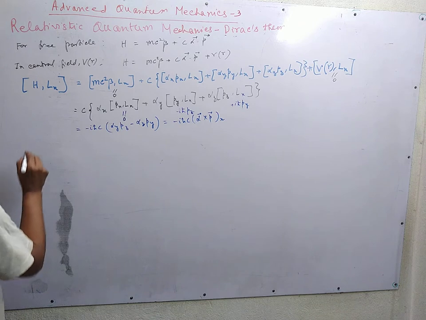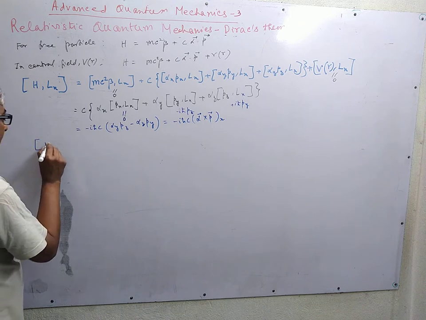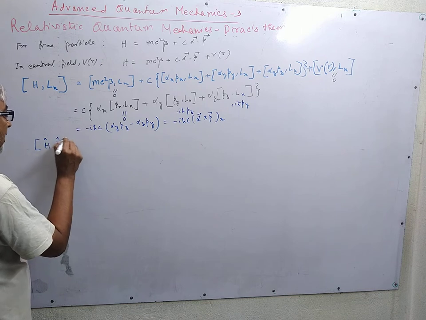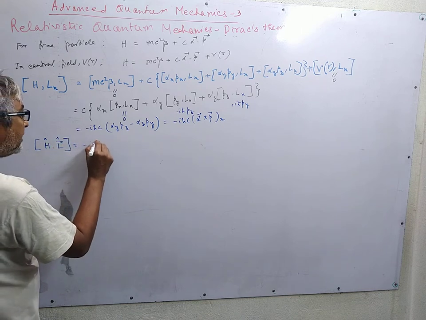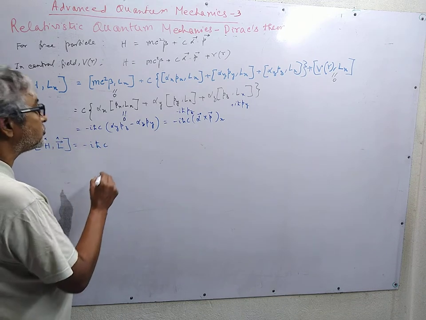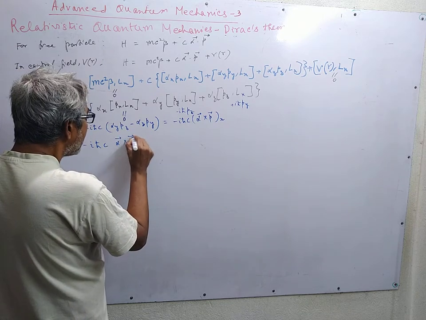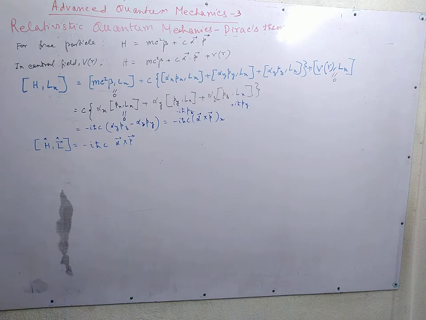That is, if we write the commutator of the Hamiltonian with the vector L operator, this would be minus i h cross c alpha cross p. This is one important relation.